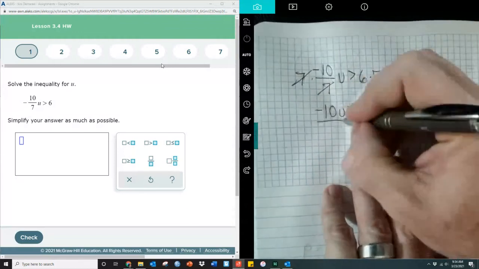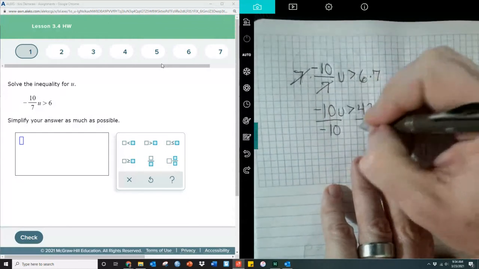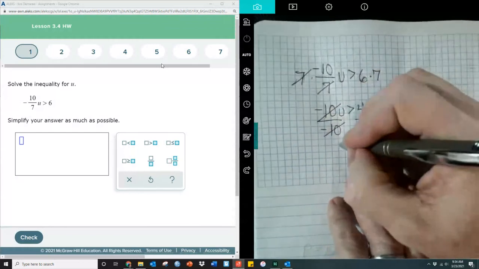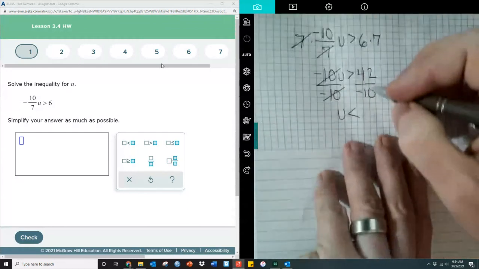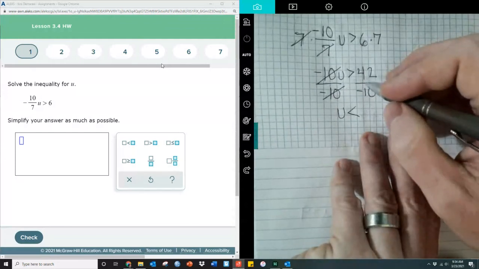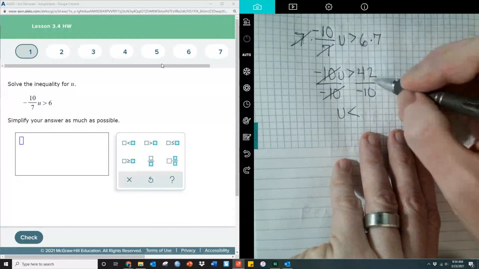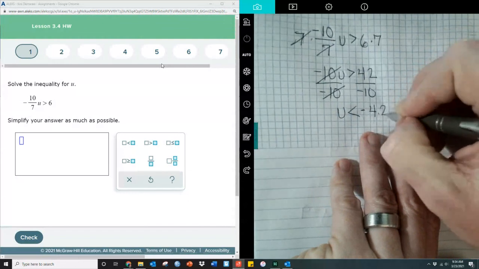Now we have to divide both sides by -10, and since we divide by -10, we switch the inequality sign. That's the key thing. Then all we have to do is move the decimal point over one time and we get 4.2.